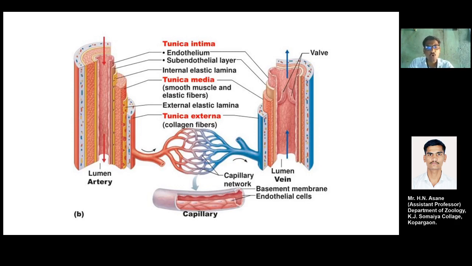As you move on, these small muscular arteries or small elastic arteries go forward and form a mesh-like network known as the capillary network at the lumen of the cell. These basement membranes and the endothelial cells form the capillary network over here.